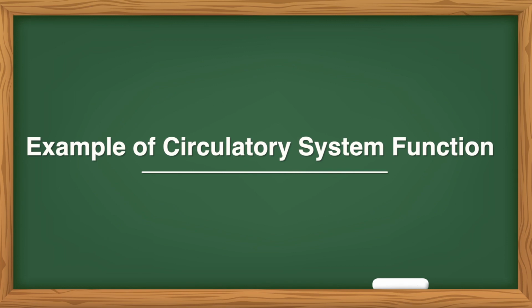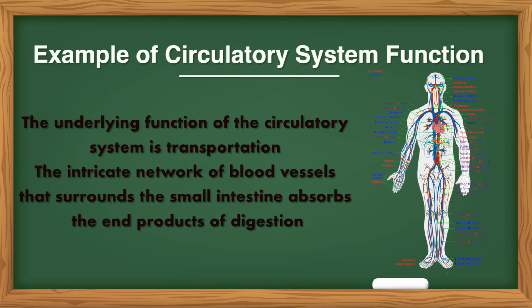The circulatory system allows every cell to derive sustenance, be protected from pathogens, communicate with other cells and exist in a relatively constant microenvironment. Now, let us look at the example of circulatory system function.